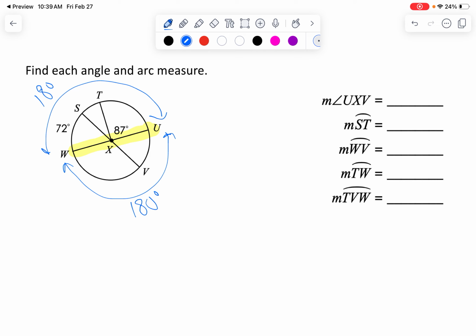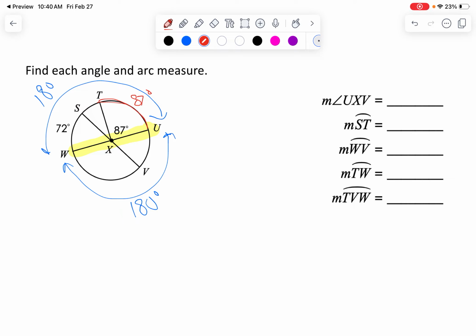Those are semicircles, that's 180 degrees. Okay, so if I know that this is 72 degrees from S to W, arc TU is the same as its central angle, which is 87. So that means this has to be also 87 degrees.